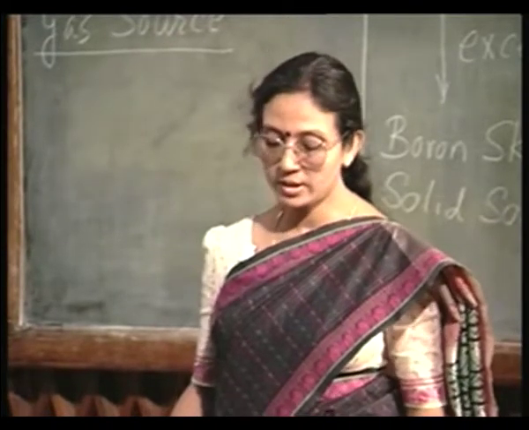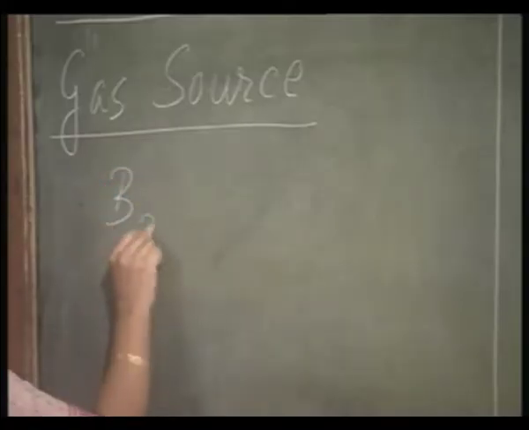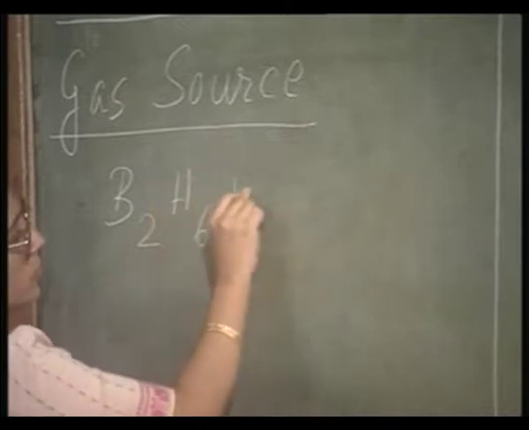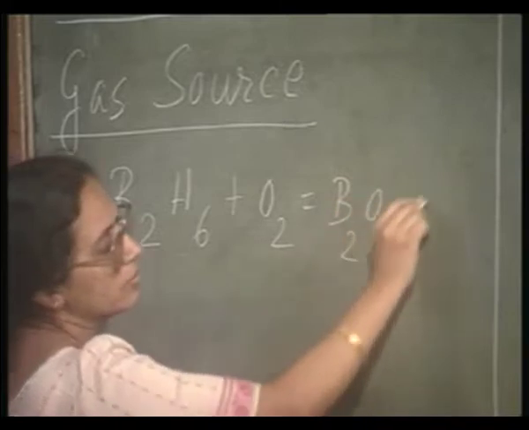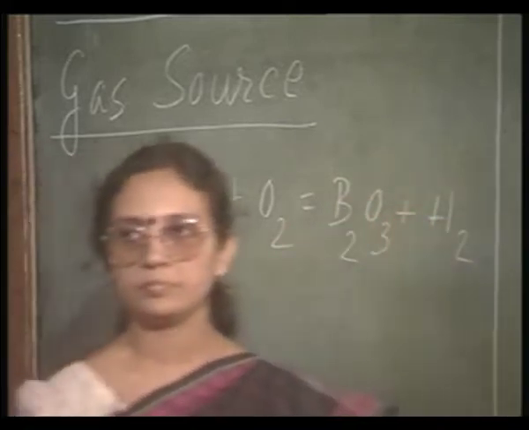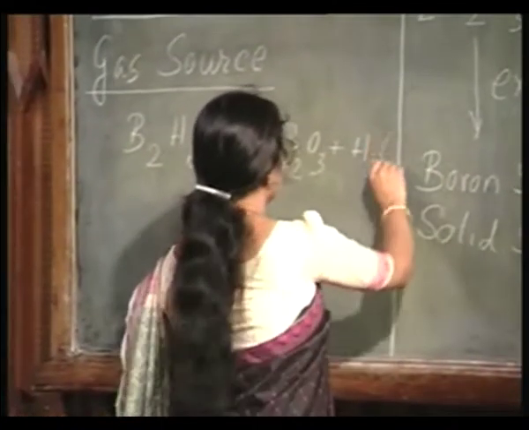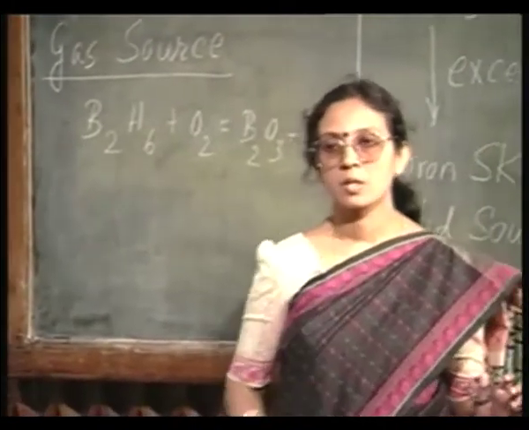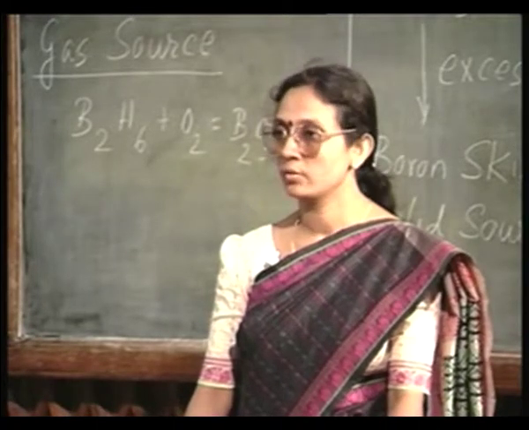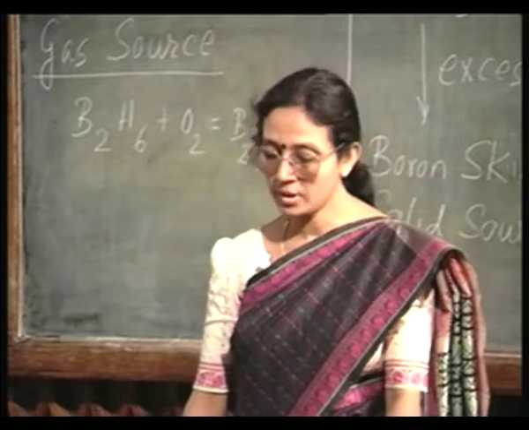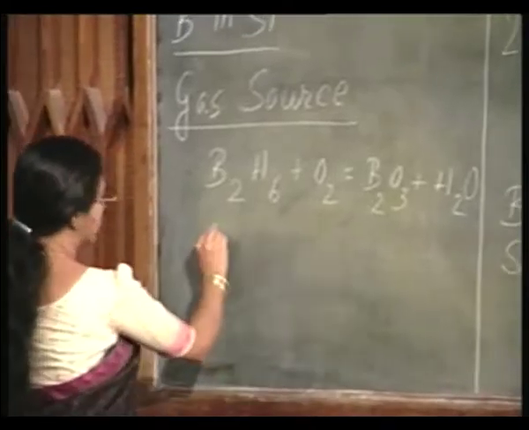So, even though it is theoretically possible to use B2H6 and make it react with oxygen again to give B2O3, one must be very careful about using this diborane because it is a highly poisonous gas and also an explosive gas. The other possibility is of course to use boron trichloride.